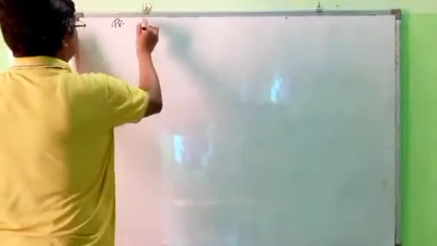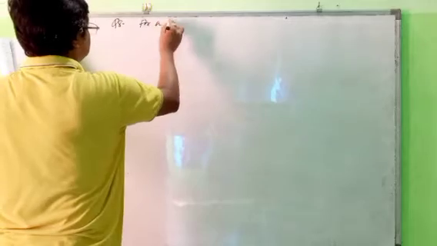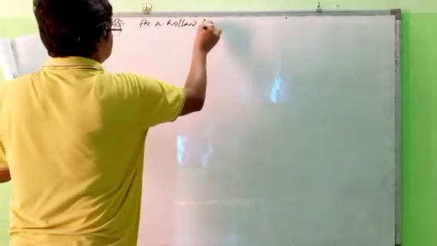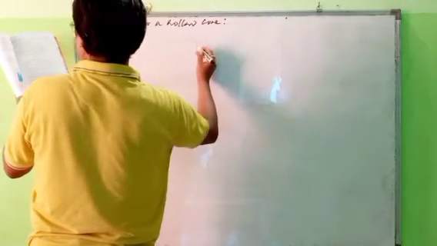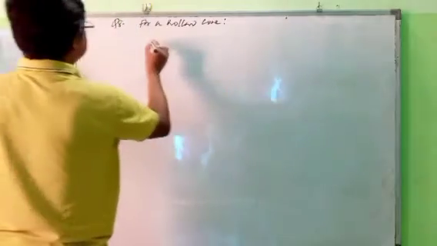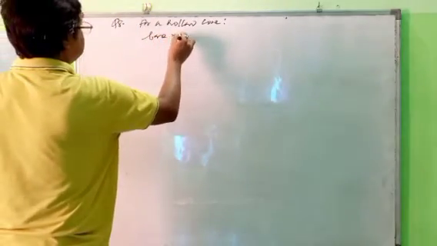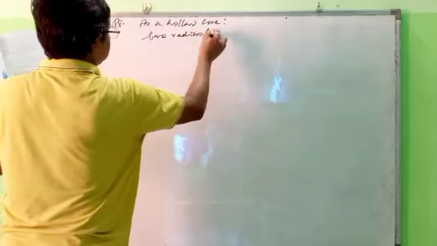So for a hollow cone, it is given the base diameter 40, so the radius r is 40 by 2, which is 20 centimeter.